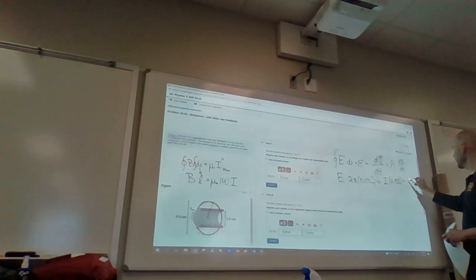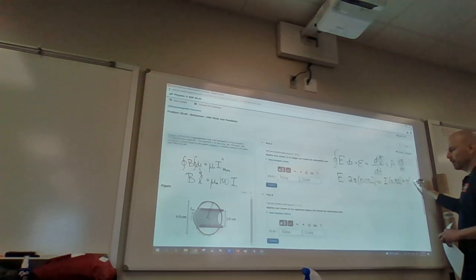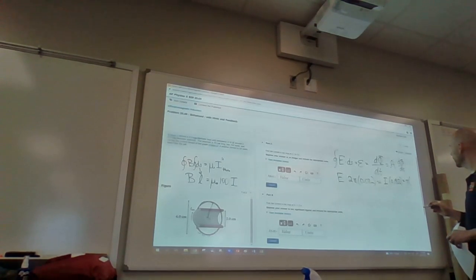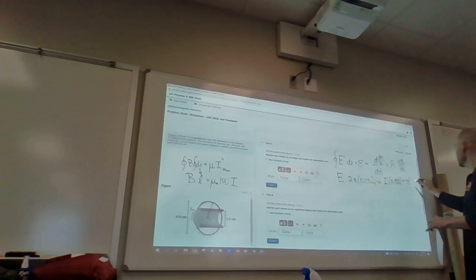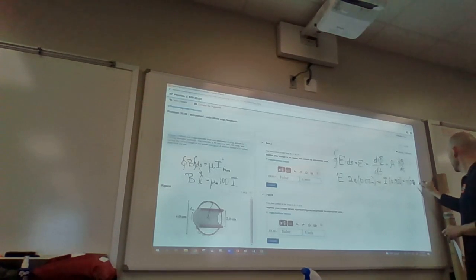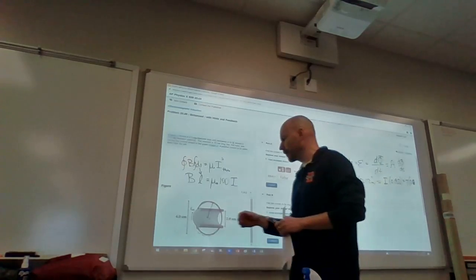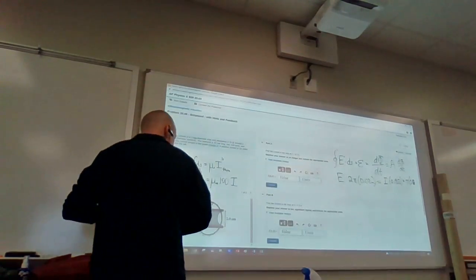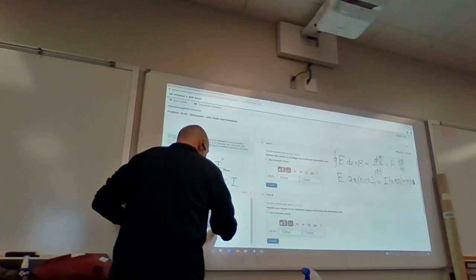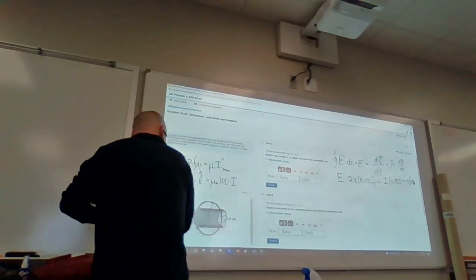So the area is going to be pi times... Oh, no, no, no. It's just 2 centimeters diameter. So, area of the solenoid. This is my area where the flux is.